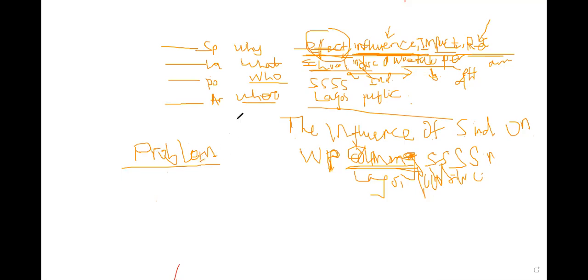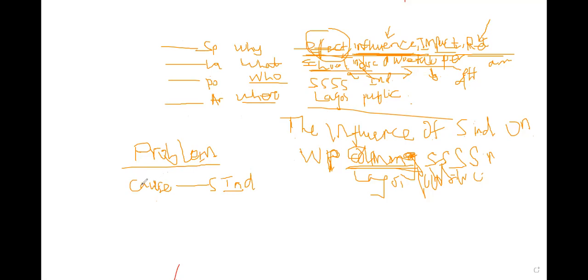All right. The problem should be what is the cause of the woeful performance, I think. The cause of the woeful performance, which is school indiscipline. Okay, so how do we state that kind of problem? First, we look at what the problem is, which is indiscipline.